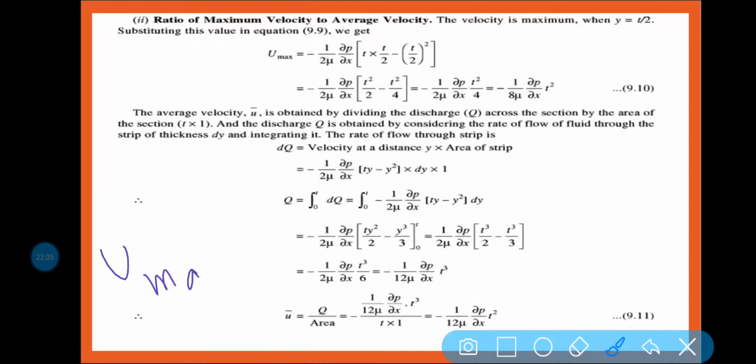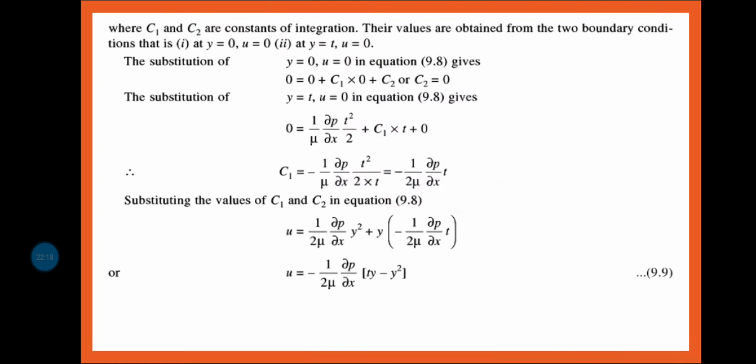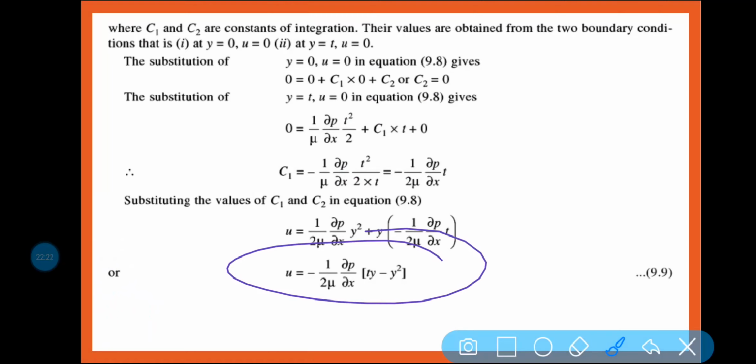We know that maximum velocity is obtained when y is equal to t by 2, thickness by 2. Here u is the velocity at any point, at y equal to 0, 1, 2, 3, 4, 100. Okay, but this is the general formula.